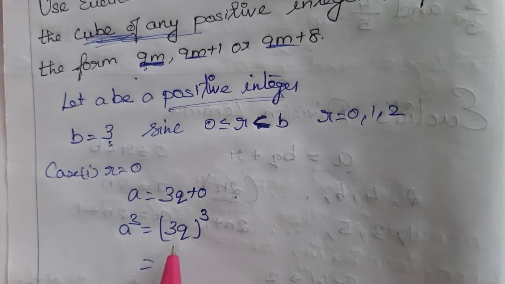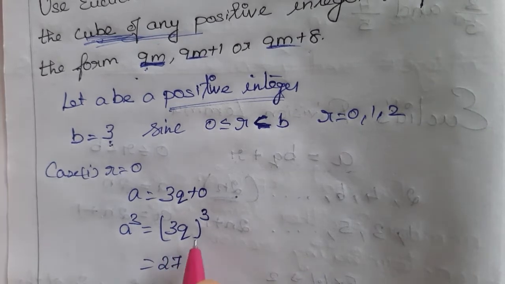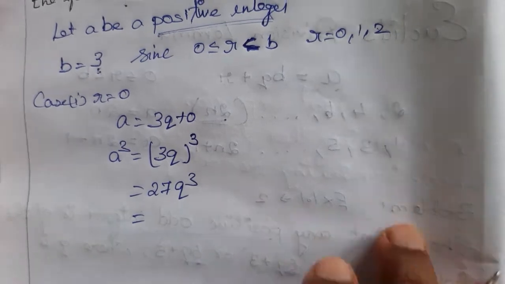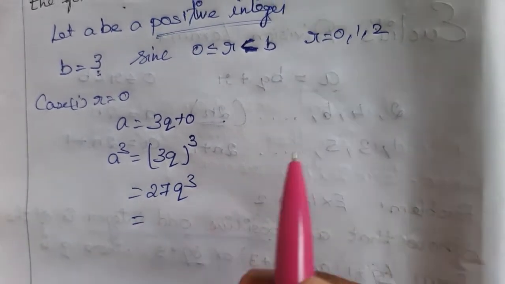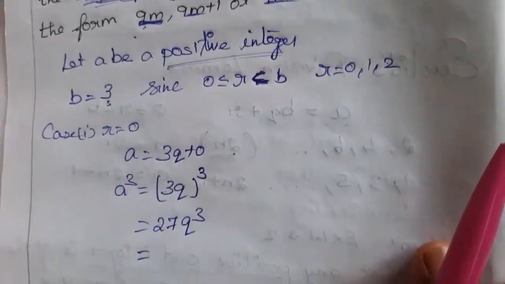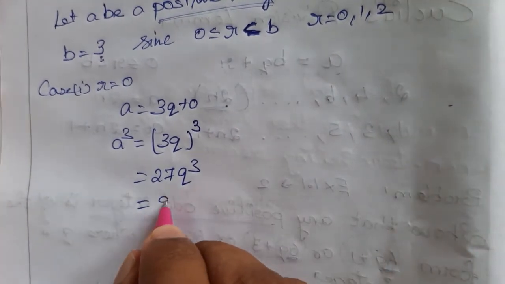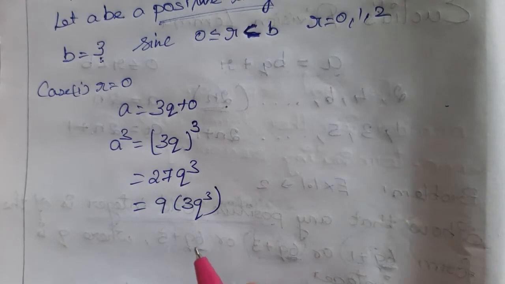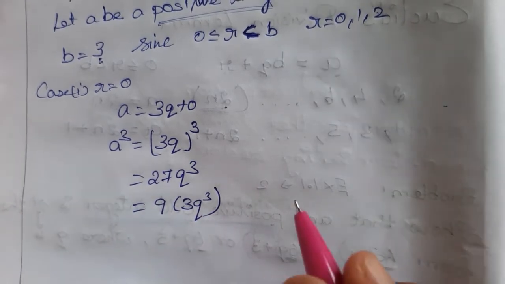We can write it in a form with 9 multiples, because we need the 9 multiples. Is 27 a 9 multiple? Yes, 9 into 3q cube. It's a 9 multiple.